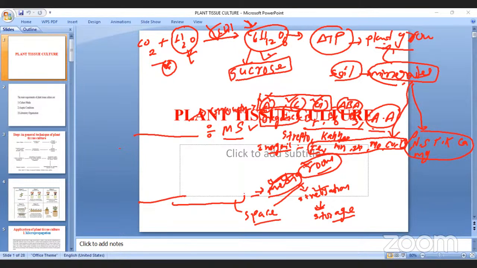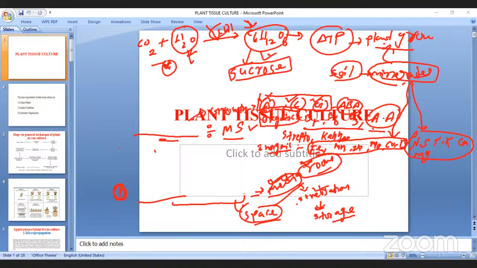So this is the culture media preparation. First of all, what we completed first: the lab should be neat. We should have enough space, a proper room for media, for sterilization, for storage, all this. After selecting the proper media, we need to prepare the culture media.